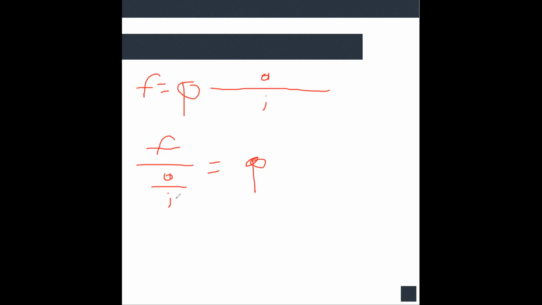We can write F over A over I as the same as F times I over A. We can simplify it that way. So we write P equals F times I over A. Yep. Is that answer there?